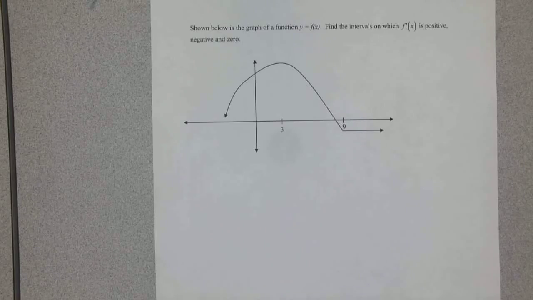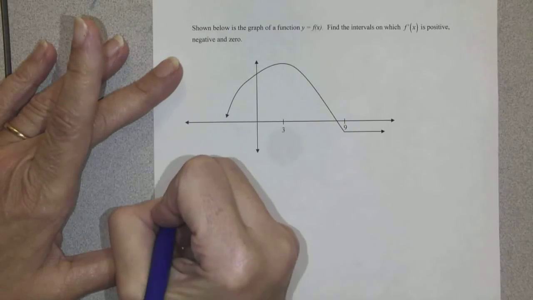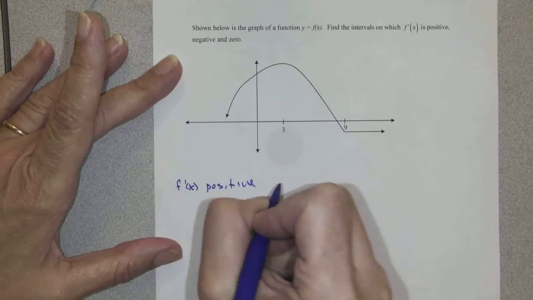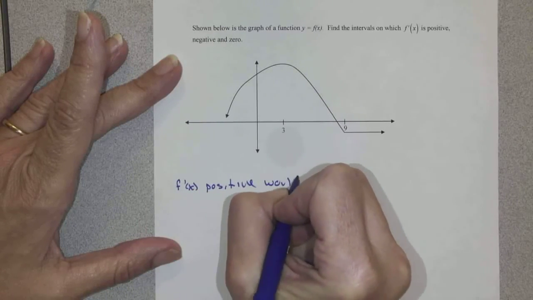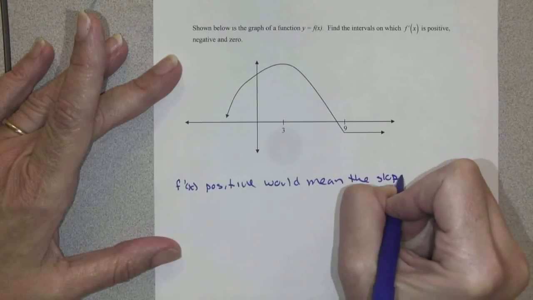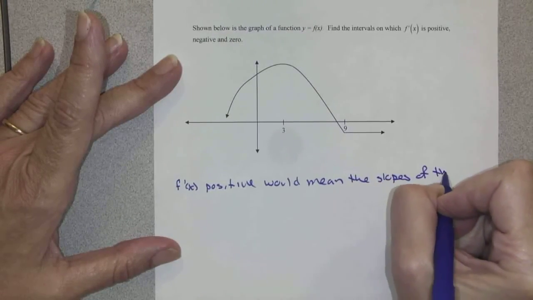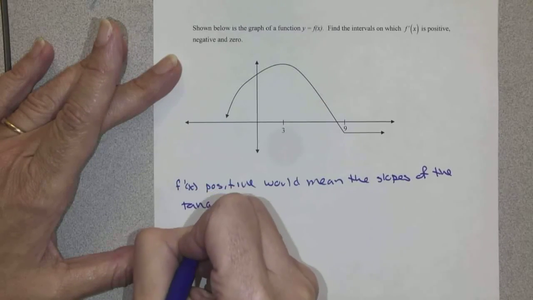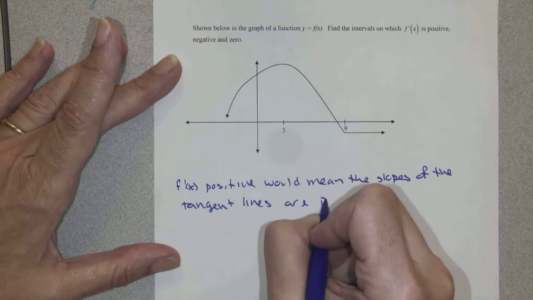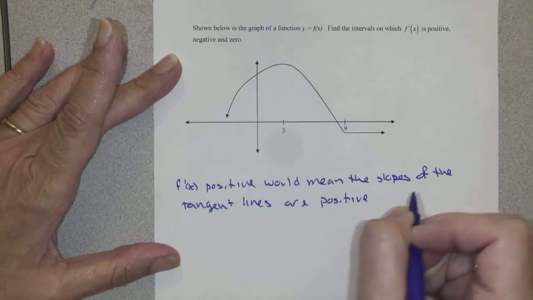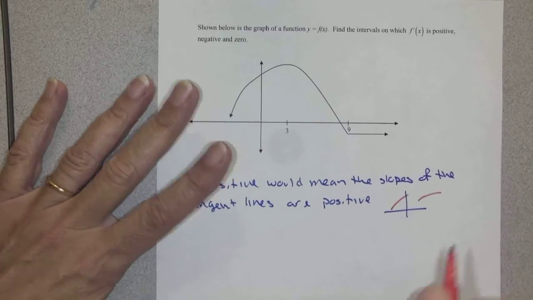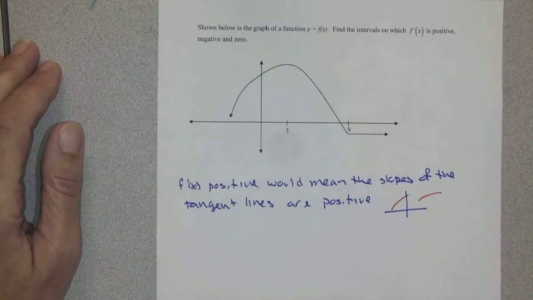So again, let's remember what the derivative means. f prime of x positive would mean the slopes of the tangent lines are positive. So something that looks like that or that, those have positive slopes.